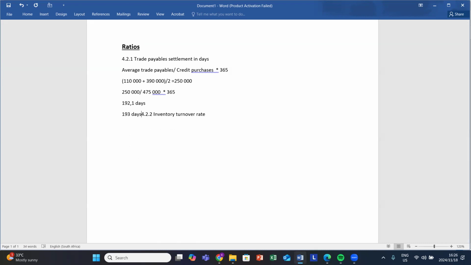So let's do the second one. The second one is inventory turnover rate. As I always say, your formula is paramount.